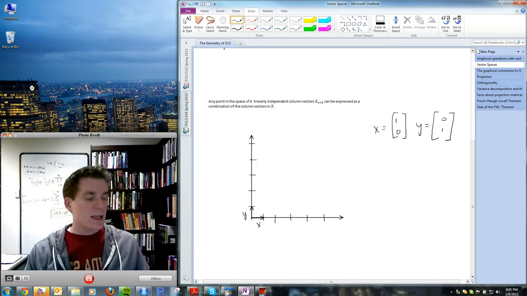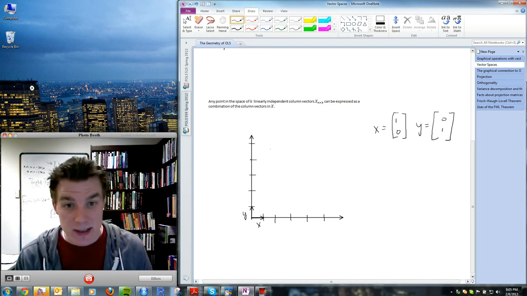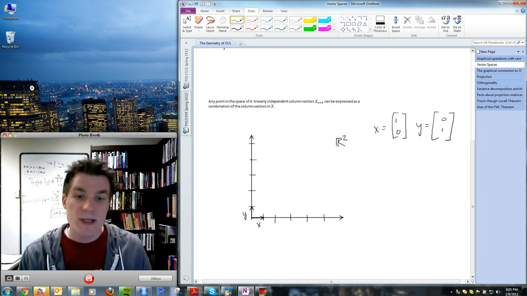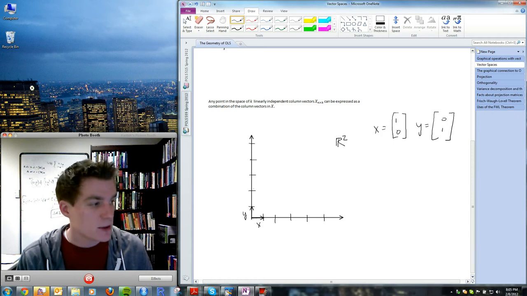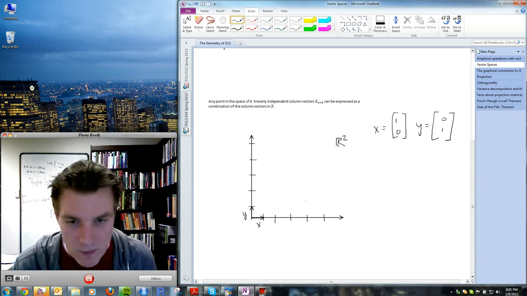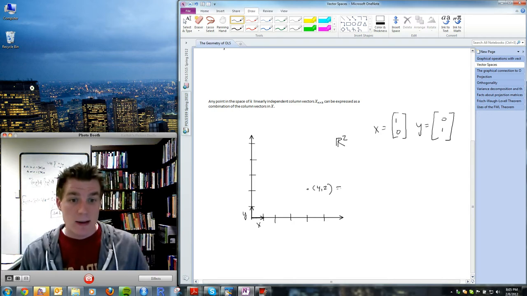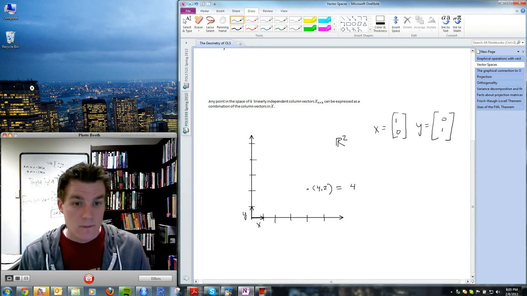Okay. Any point in this space, so this is R2 space right here, can be represented as a linear combination of these two vectors. Let me just give you an example. Let's take a random point, 4, 2. This is point 4, comma 2. I can represent that point as 4x plus 2y.